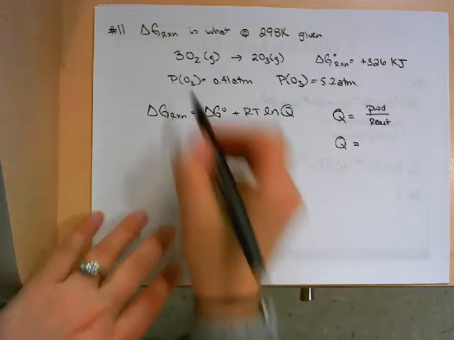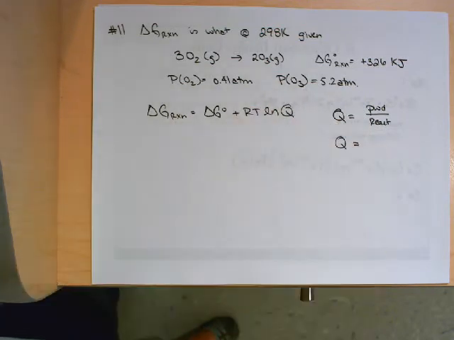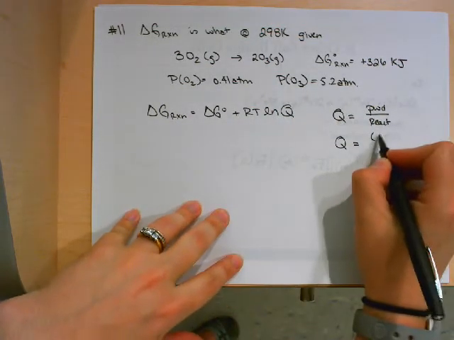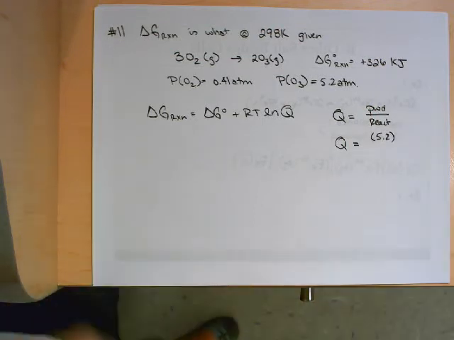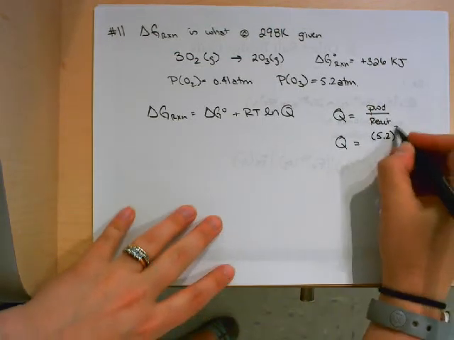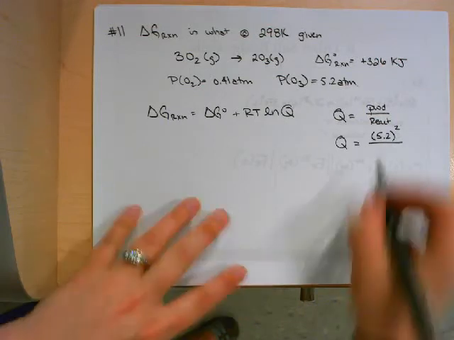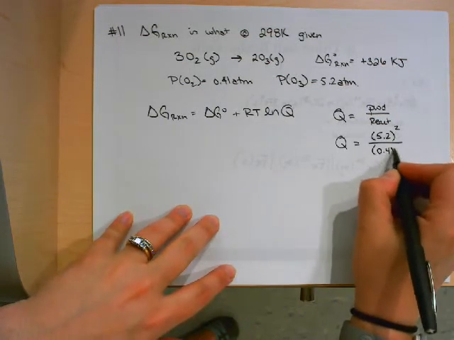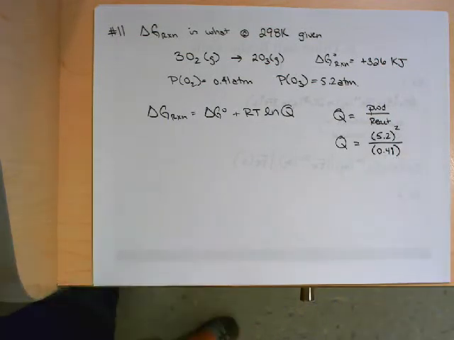So what is my product, the oxygen or the ozone? Ozone. Okay, what do I have to do to the atmospheres? Yep, square that. So if this then is my, what do I need to do to my oxygen concentration of pressure?